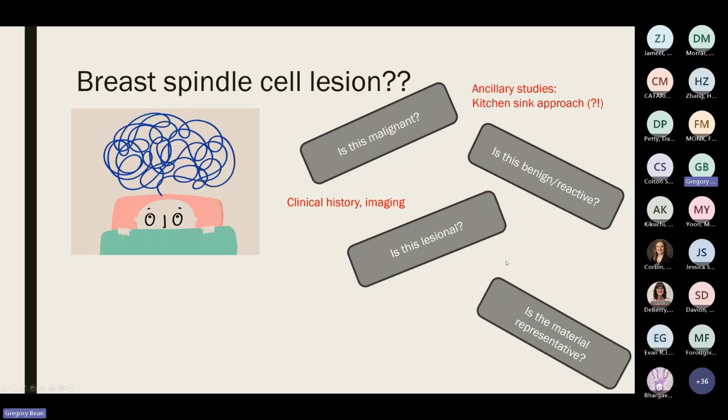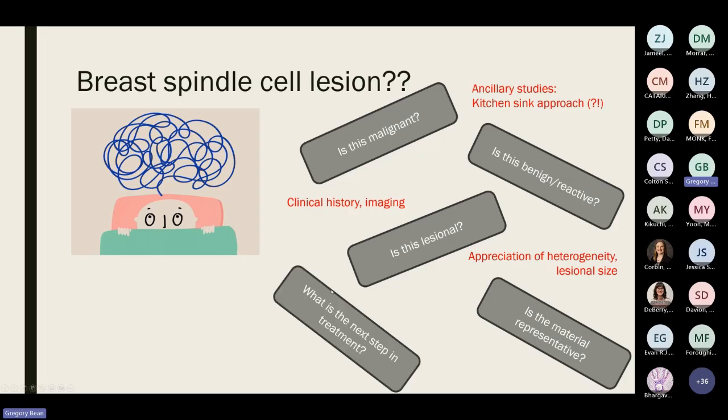Many of these lesions can be heterogeneous, and depending on your sampling also, and the size of the lesion, if it's a 6 centimeter mass and you're only looking at a small core, it's unlikely that you're getting a full picture. But if you're looking at a 1 centimeter mass, then it's more likely that you are. So asking all these questions is important.